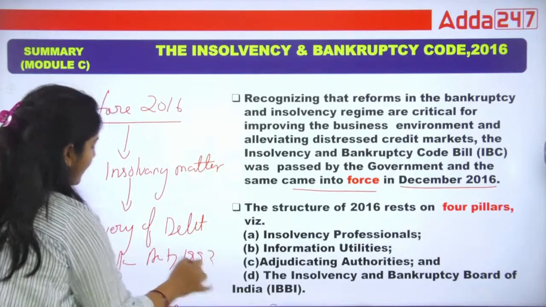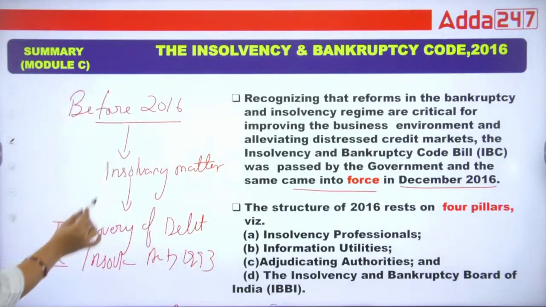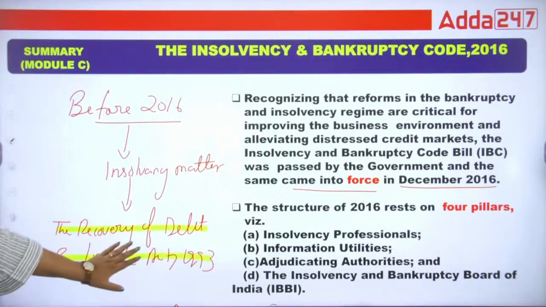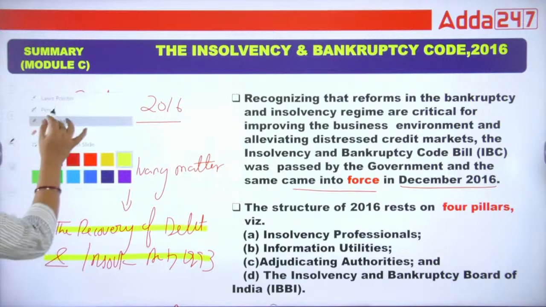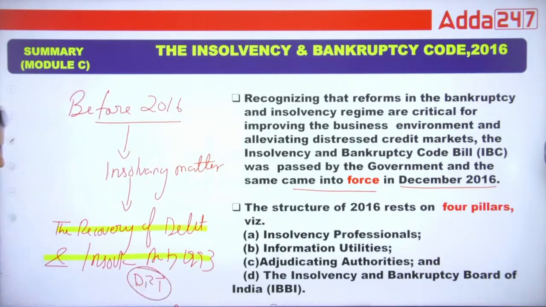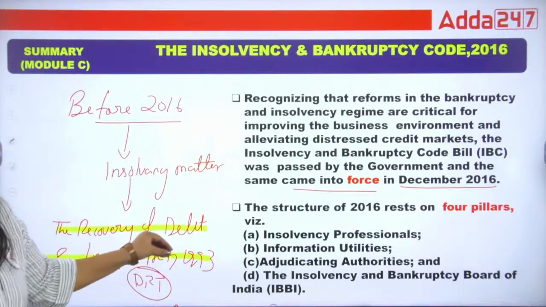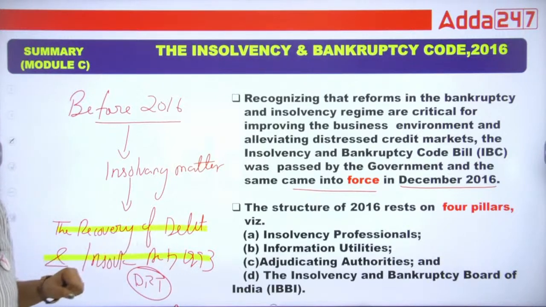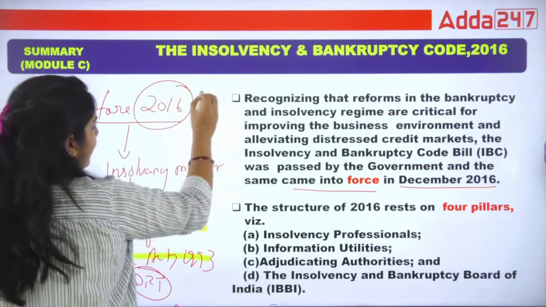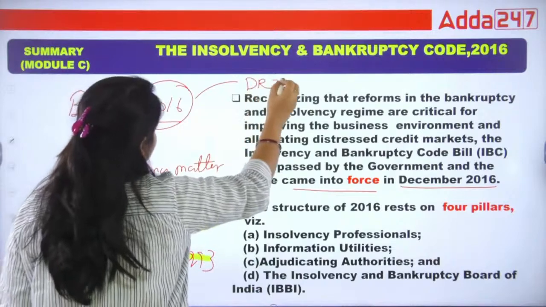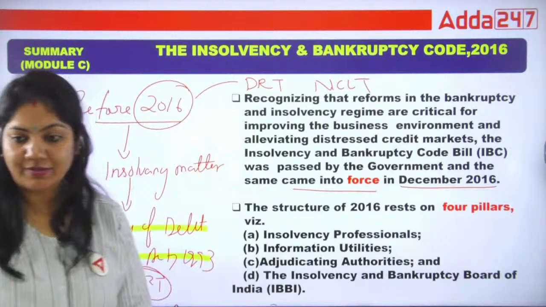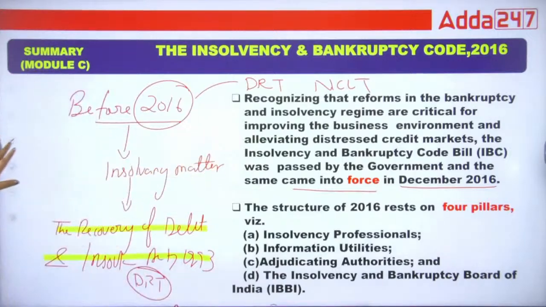So your insolvency matter was solved by this act. In this act, we had to file the case to the DRT, but basically this act covered the recovery of debt matter. That's why in 2016, when this act was made, we put our cases to the DRT and NCLT. So this is the crux of the first paragraph.